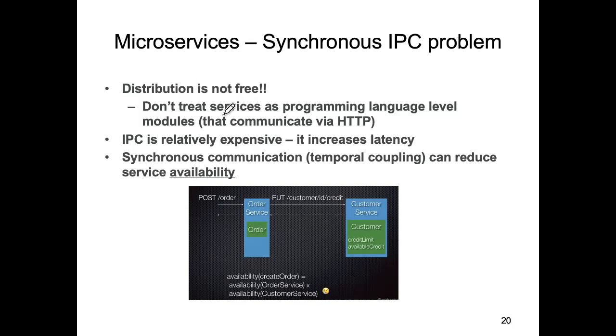I mentioned this a few moments ago. We haven't looked at it, but it's something that we just need to be aware of anyway. So it's saying here, don't treat your services as if they're just programming language level modules, because they're not. Whereas in our monolithic architecture, our services were at the programming language level, but they were all running inside a single operating system process.